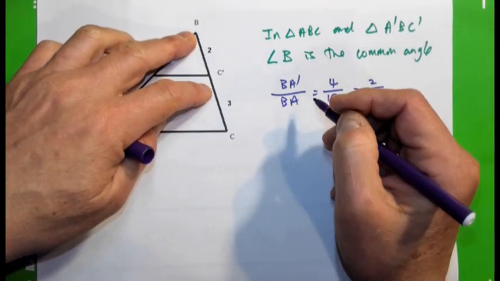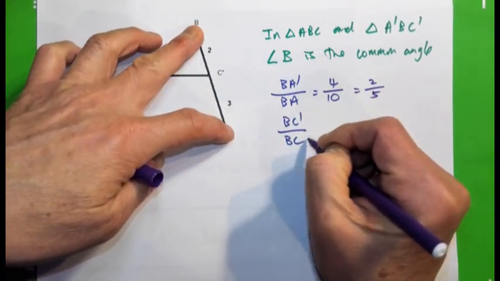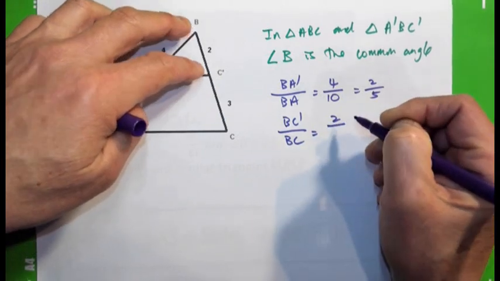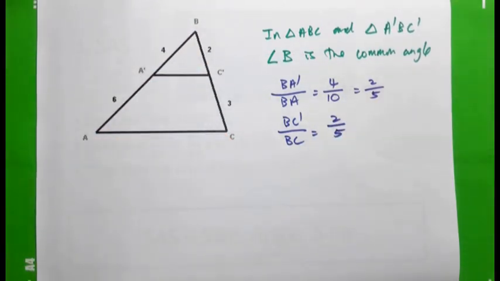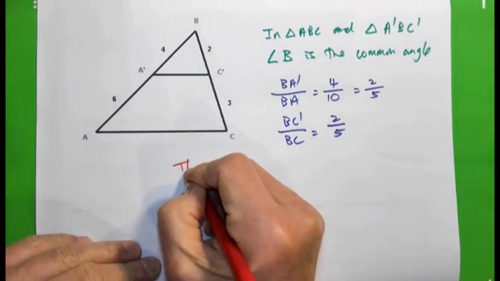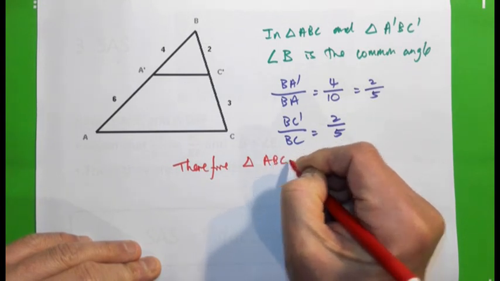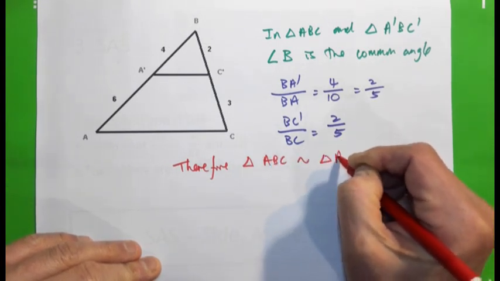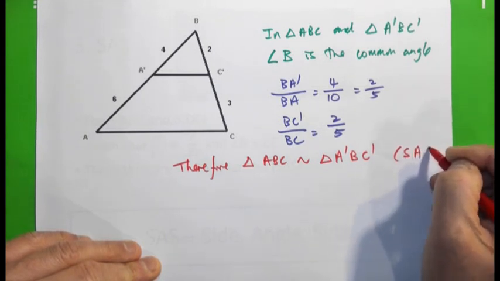Ratio of BC dash over BC is 2 over 2 plus 3, which is 2 over 5. Therefore, we can say that triangle ABC is similar to triangle A dash B dash C dash because of side angle side.